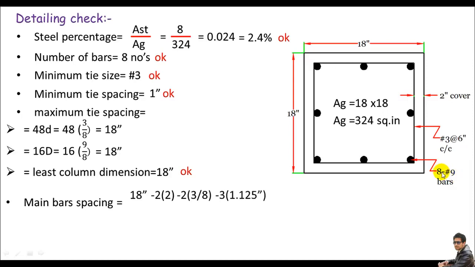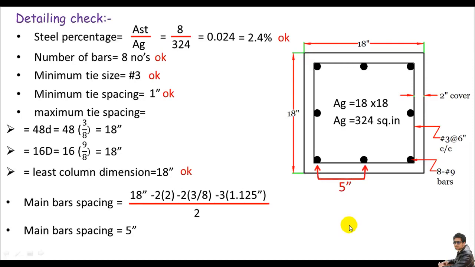So 3 times 1.125 inches just for these 3 main bars. And we'll divide this by 2 because we have 2 spans, right? We are just checking the distance between these two bars, and the spans equal 2. Do a little mathematics and you get the spacing equals 5 inches.